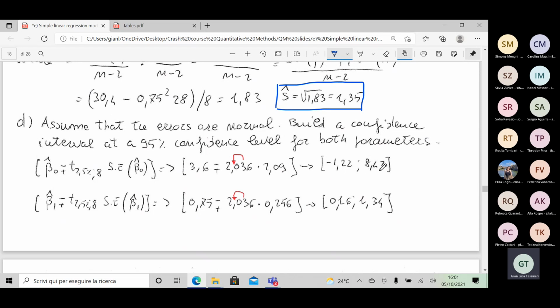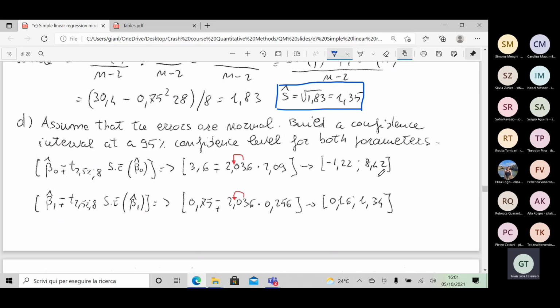You see, look at this confidence interval. You see how this is really huge. And in particular, you see, the lower extreme is even negative. Guys, why? Because in this case, we have tons of variability, a huge variability.